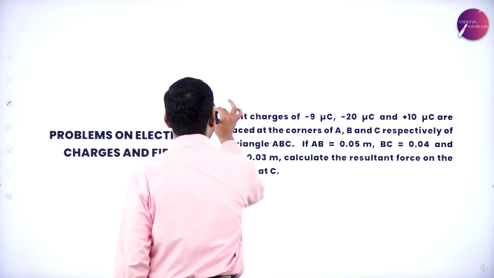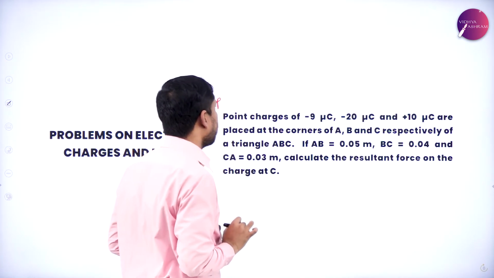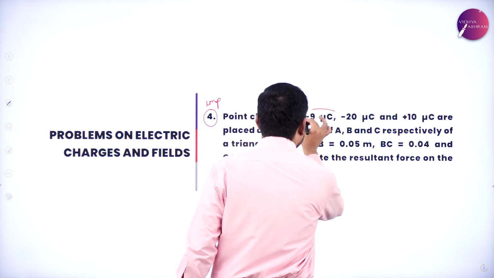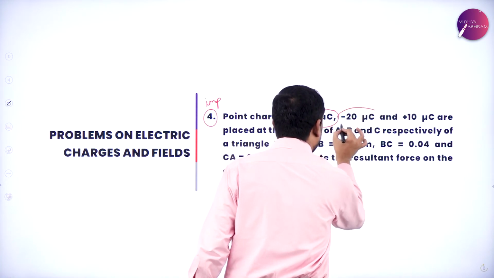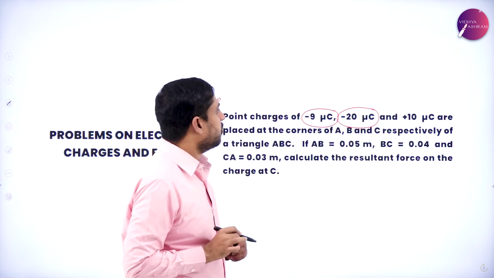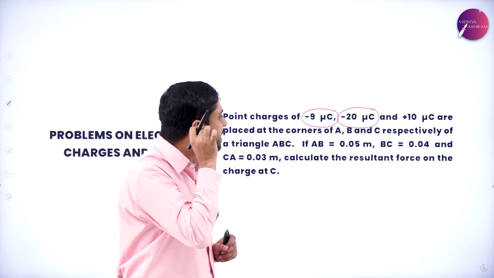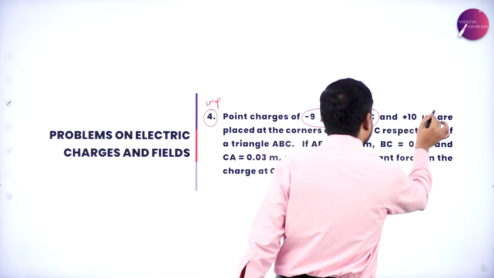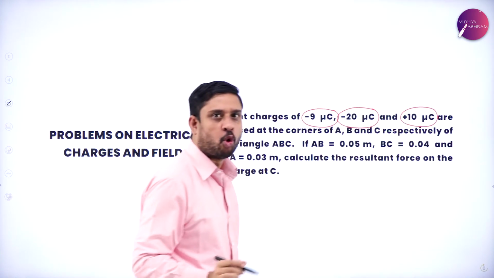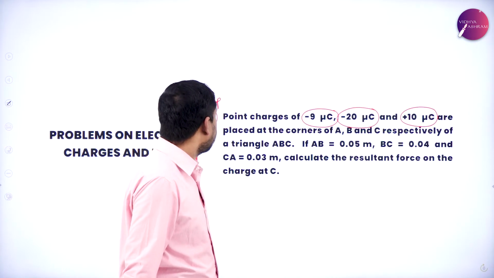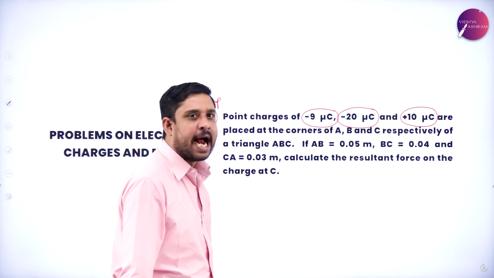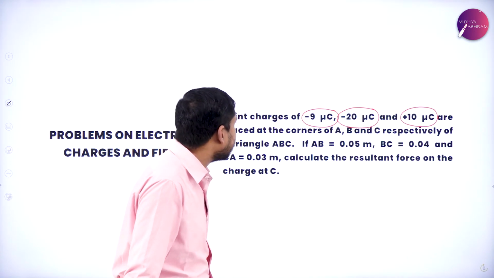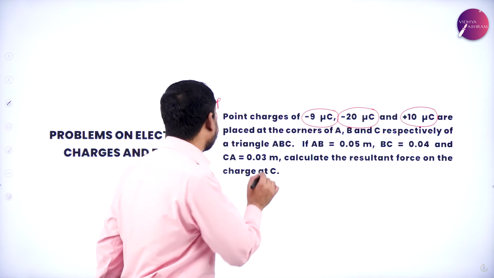This is important. Point charges -9 microcoulomb, -20 microcoulomb and +10 microcoulomb are placed at the corners A, B and C respectively.